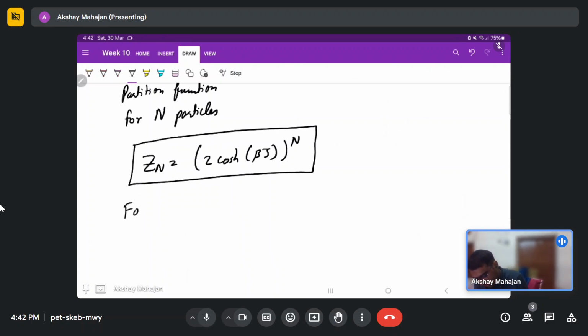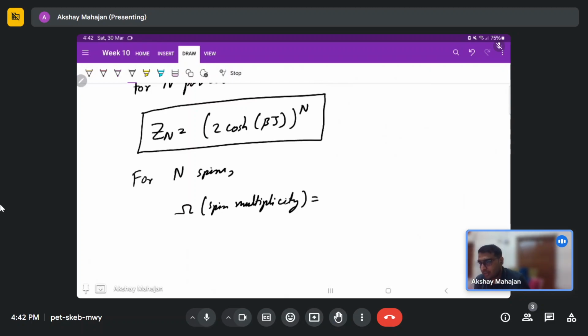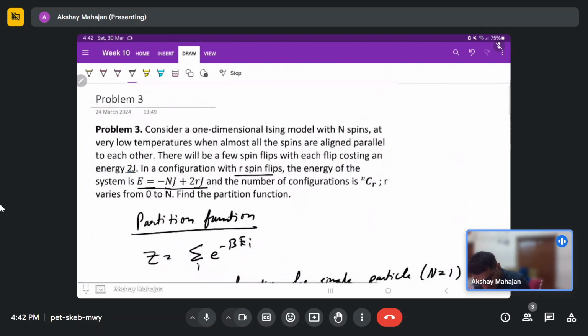So for n spins, we have to consider omega, which is the spin multiplicity, given by 2S plus 1 whole to the power n. Here it is given as an Ising model with n spins.